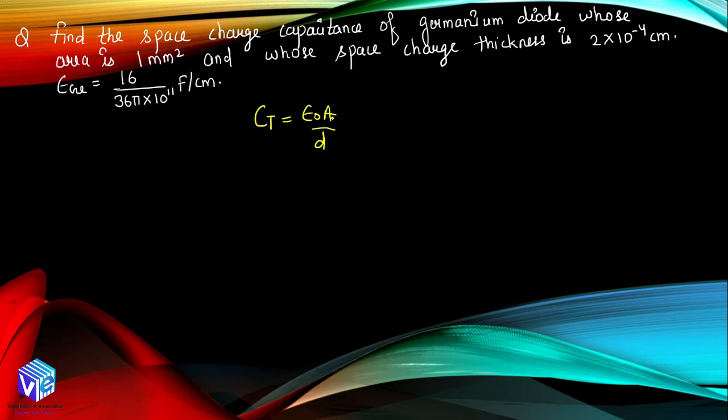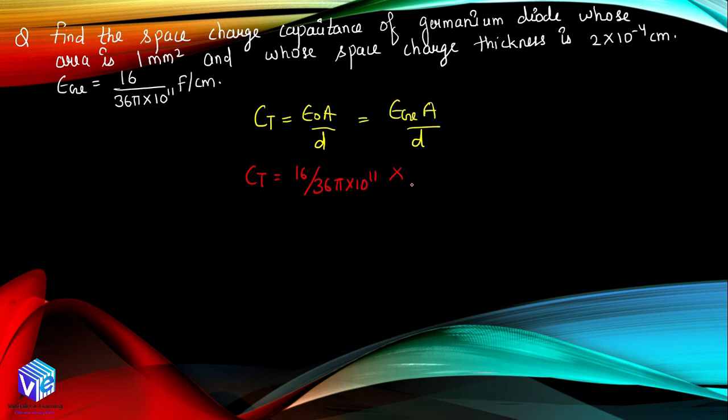Here, instead of epsilon naught, we will be using the epsilon of germanium, and we will have A upon d. This is how we can represent it. Now we just need to put in all of the values, and CT will be equal to 16 upon 36 pi into 10 raised to power 11 multiplied with the area.